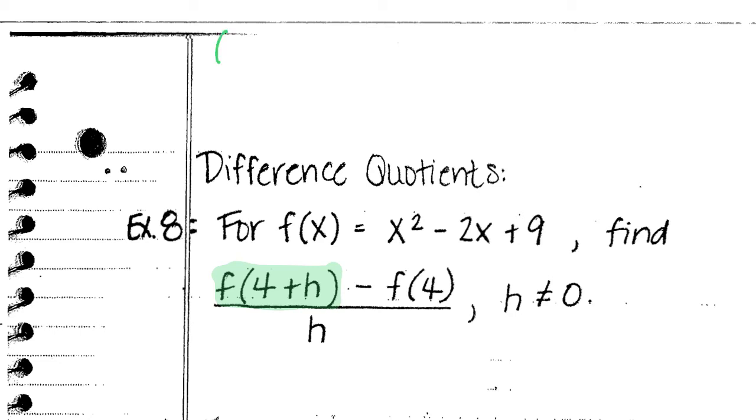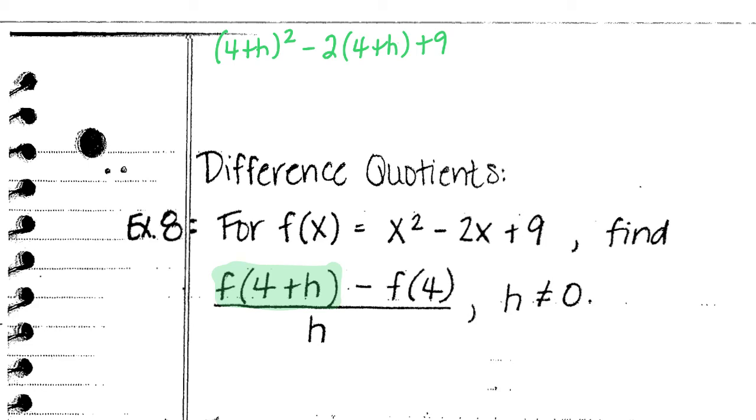So notice I have (4 plus h) quantity squared minus 2 times (4 plus h) plus 9. That is the green part only.